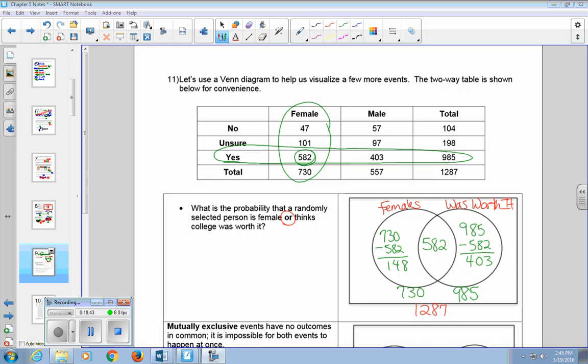Okay, so back to our original question, we want to add up those three segments. And we get a total of 1,133 out of 1,287. Okay.